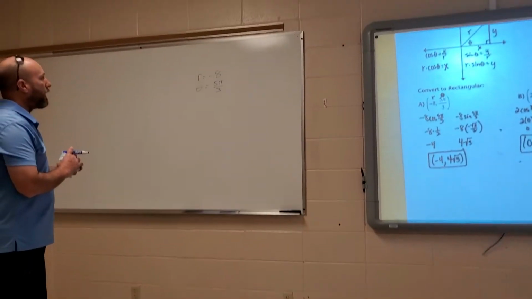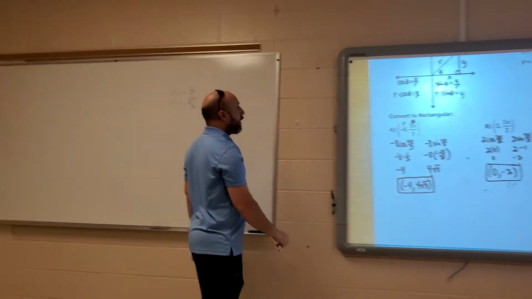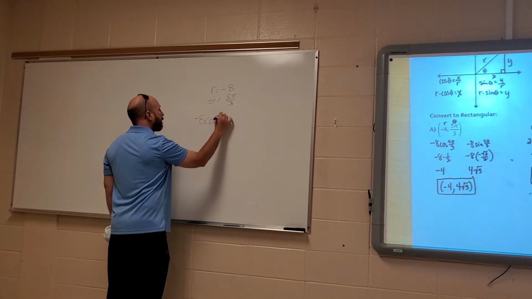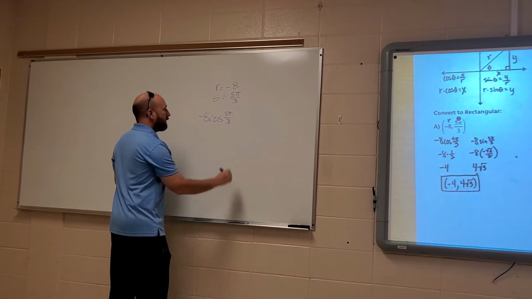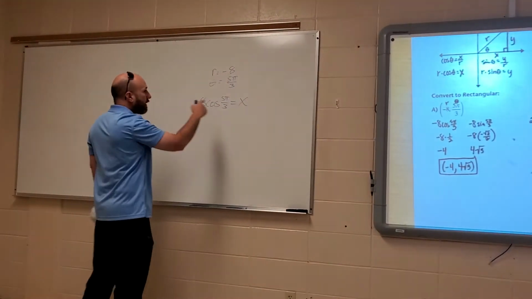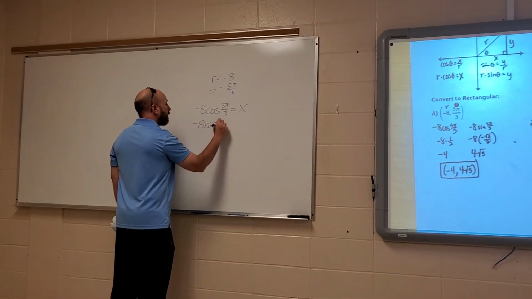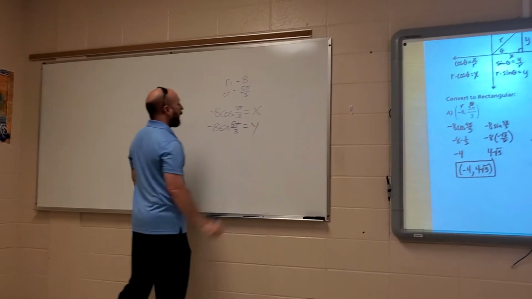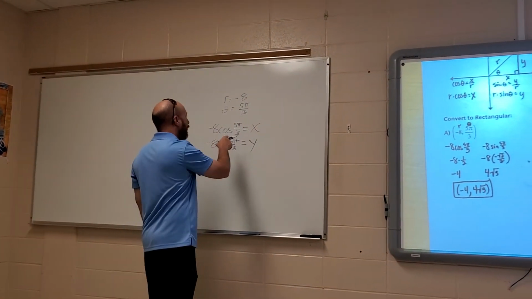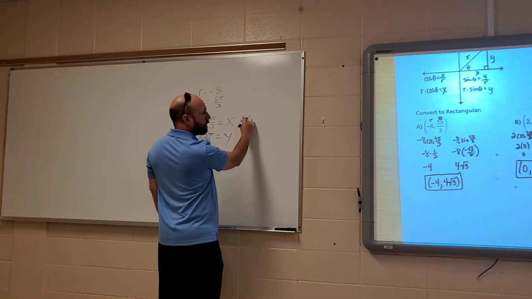So what we need to do is utilize these guys right here. r cosine theta, so -8 cosine 5 pi over 3. That's your x. And then you do the same thing for the y, it's sine. So -8 sine 5 pi over 3. That's your y. And then if you look back at the unit circle, the cosine of 5 pi over 3 is 1/2.